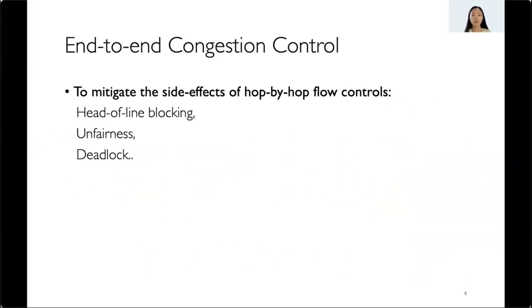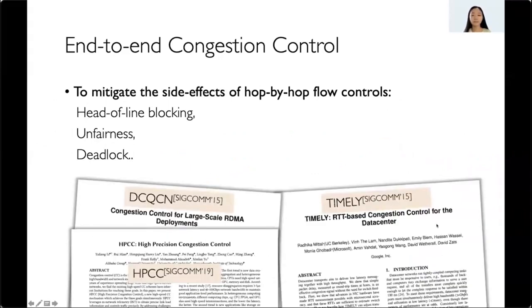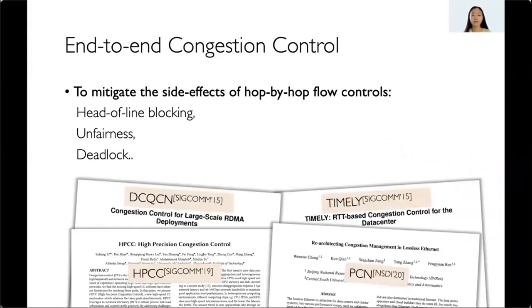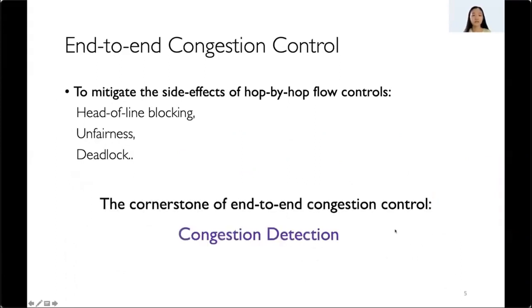However, hop-by-hop flow controls can introduce several side effects, including head-of-line blocking, unfairness, and even deadlock. Therefore, end-to-end congestion control is needed and has received significant attention recently. Among them, congestion detection is the cornerstone of end-to-end congestion control.